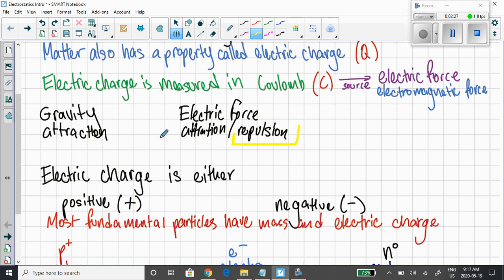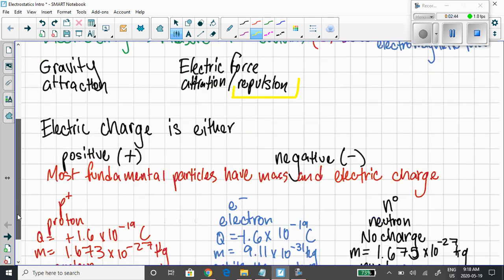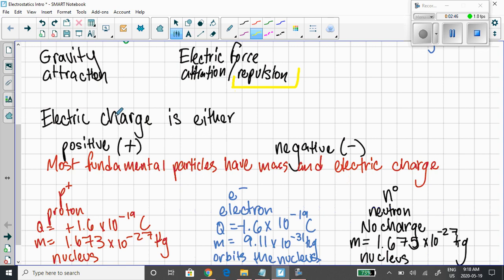Also, gravity, which is caused by mass, there's only one kind of mass. That's it. Electric charge, you probably remember from grade 9 science, grade 10 science, even in the chemistry unit. Maybe you've taken part of the grade 11 chemistry already. Electric charge doesn't come just in one kind. There's two kinds. One of those kinds is called positive electric charge.